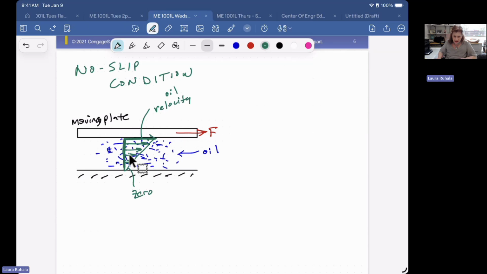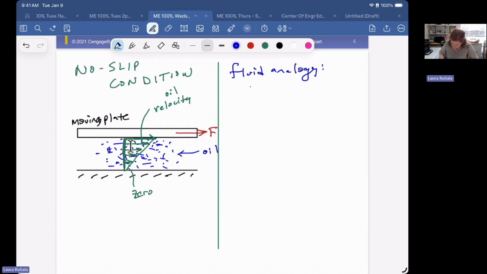And a really good analogy to this, a fluid analogy, would be to think of playing cards. You should be writing this down.